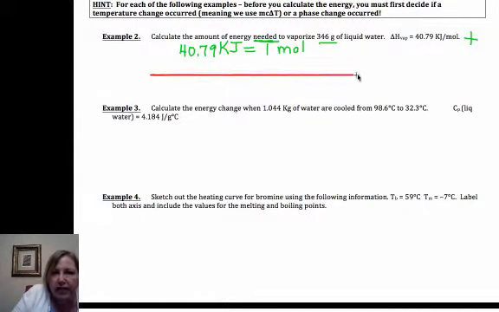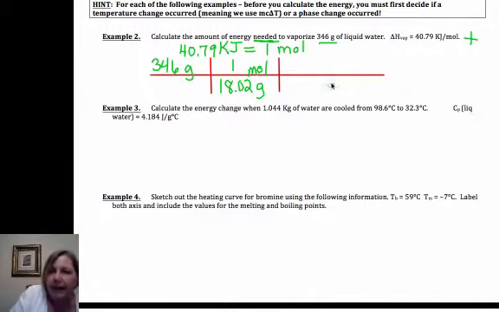our dimensional analysis. And we have mass. We need to go mass to moles. That will be one step. And then we can go moles to kilojoules. So I've got 346 grams of water. I want to eliminate grams and go to moles. Water's 18.02 grams. Now I want to get rid of moles of water and I want to go to kilojoules.